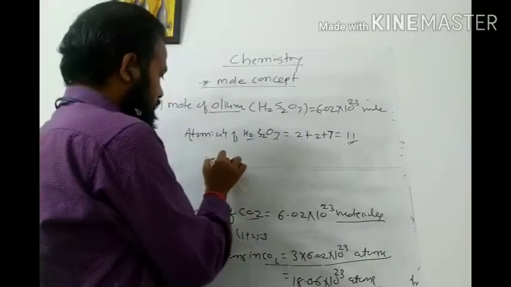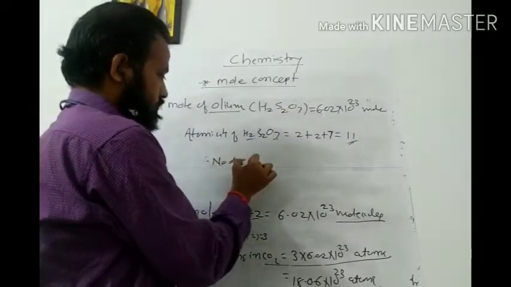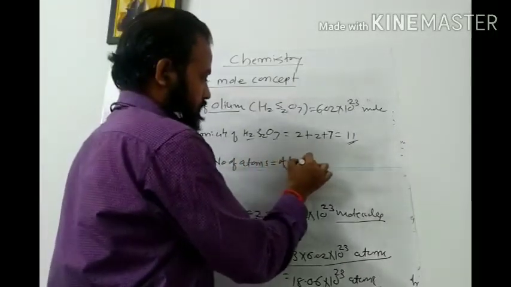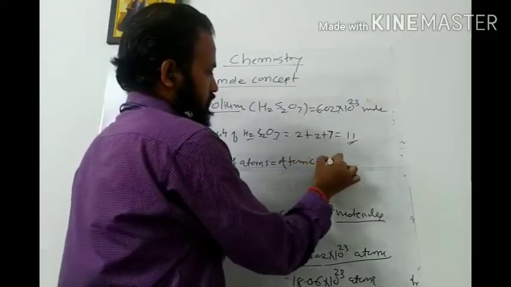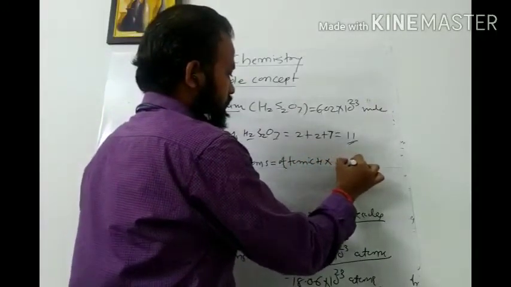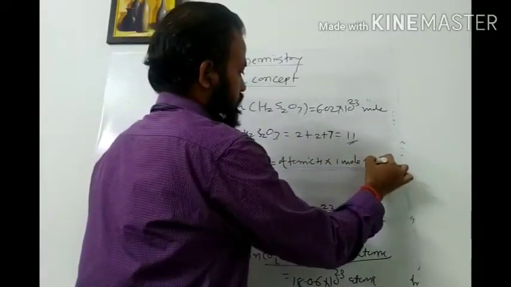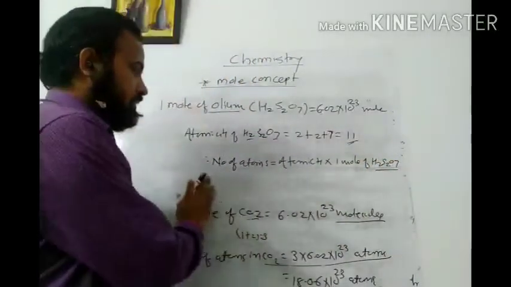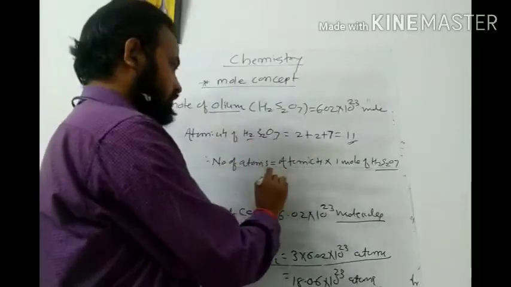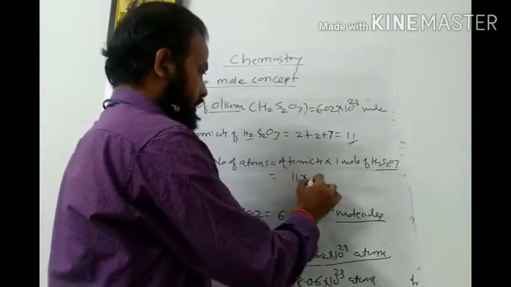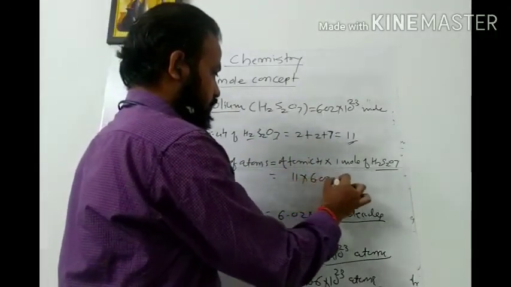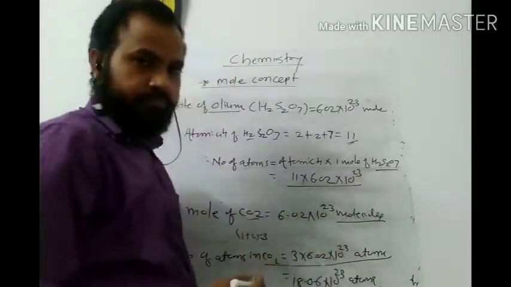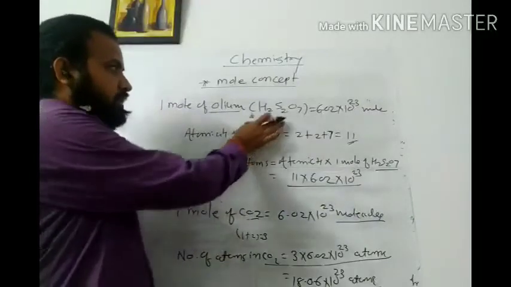Therefore, number of atoms equals atomicity into 1 mole of the particular compound, here in this case H2S2O7. So this is the general formula we are discussing. So the atomicity is found to be 11 into 6.02 into 10 raised to 23. So this gives me the number of atoms present in oleum.